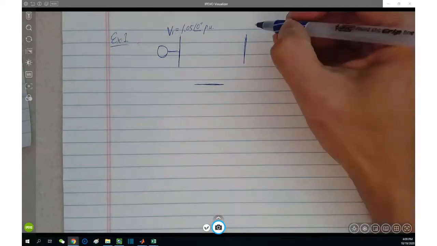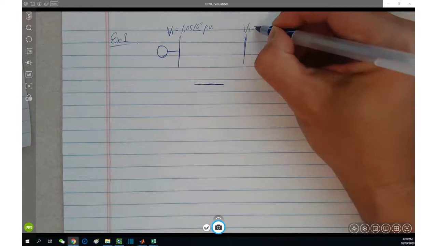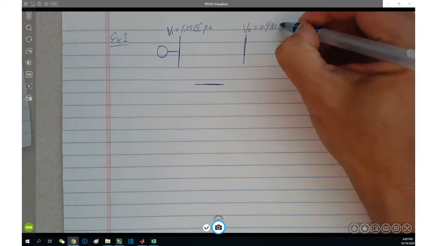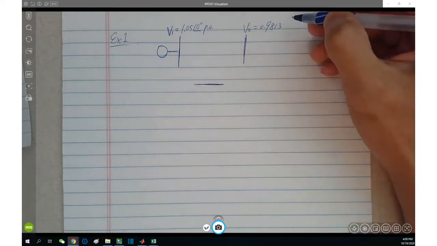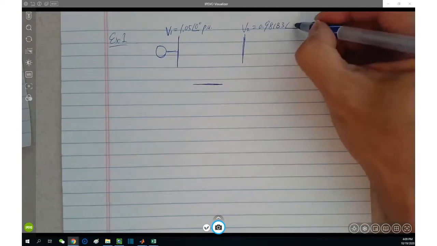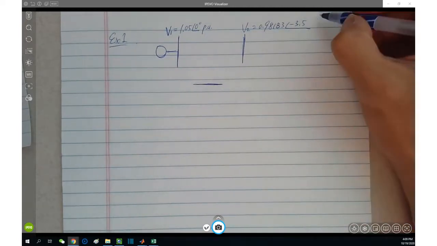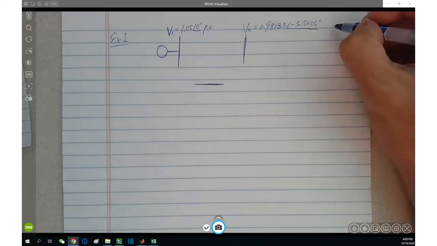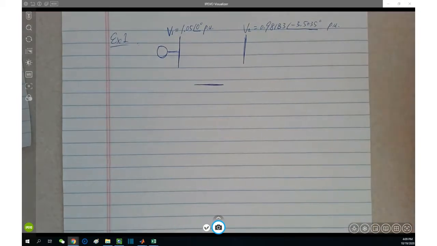And then this is V2. I'm sorry for this tricky number, but if you recall, these bus voltages are obtained from iterative methods.